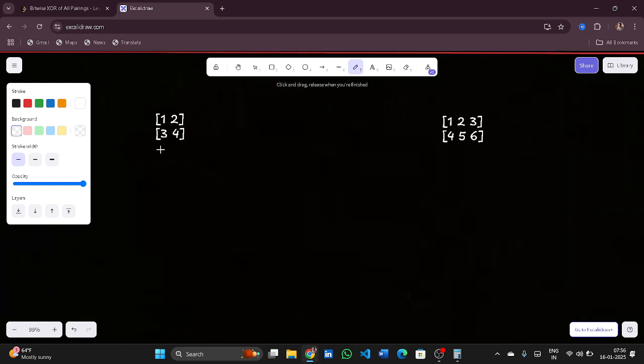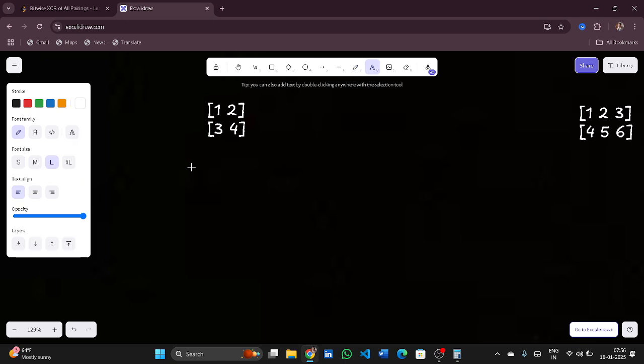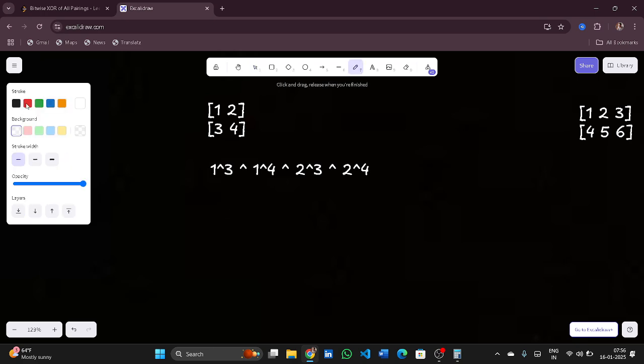So here it is odd, here it is even. Let me do the same thing here. So 1 XOR 3 XOR 1 XOR 4 XOR 2 XOR 3 XOR 2 XOR 4. Yes, here.